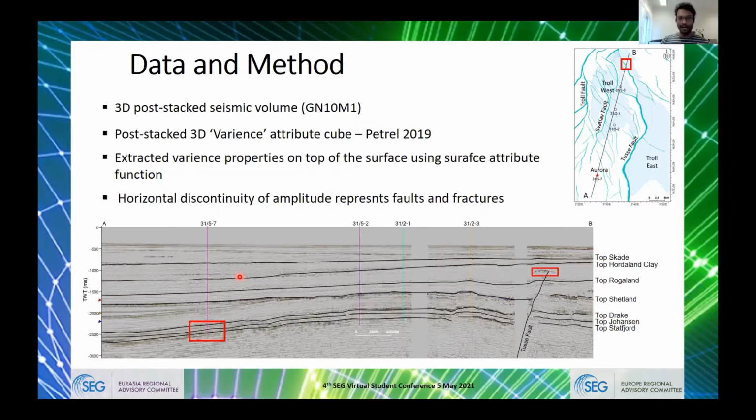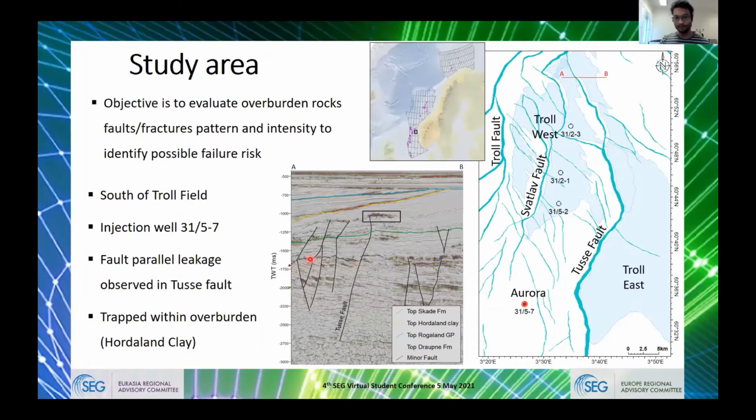Well, minor faults, for example, you can see here we have many minor faults, and we have this giant Troll field in this area. These minor faults here are sealed. So we have confidence that these minor faults are sealed, and displacement is very little.